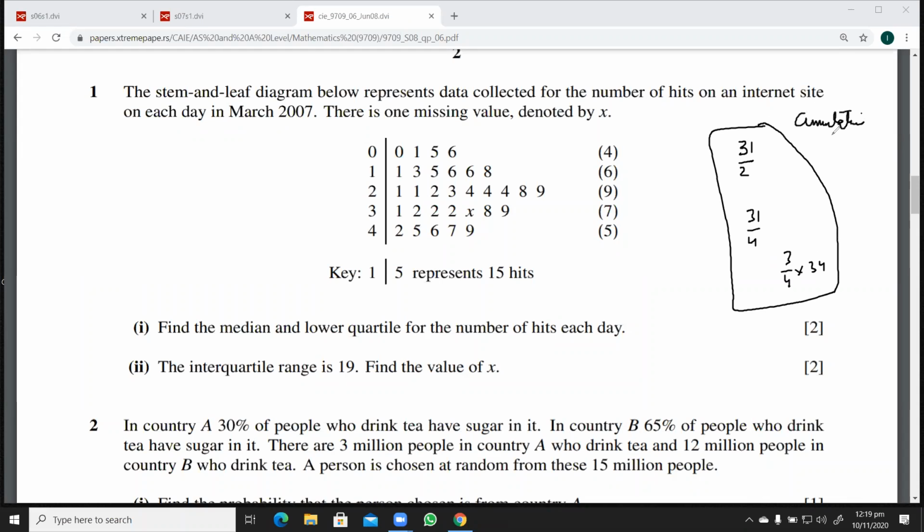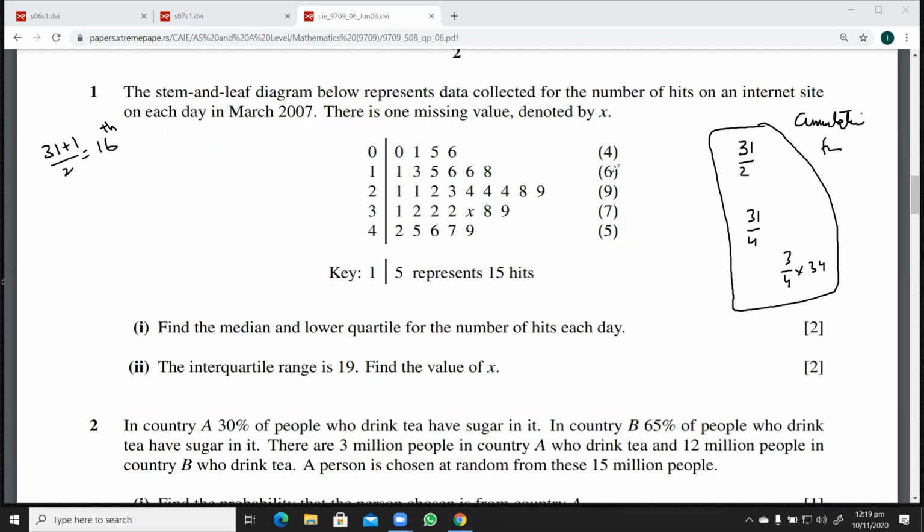Okay, and this stem and leaf diagram has to be taken as a raw kind of data, okay? So if you have 31 observations, you have to do 31 plus 1 over 2. So that is 16. The 16th observation would be the median, okay?